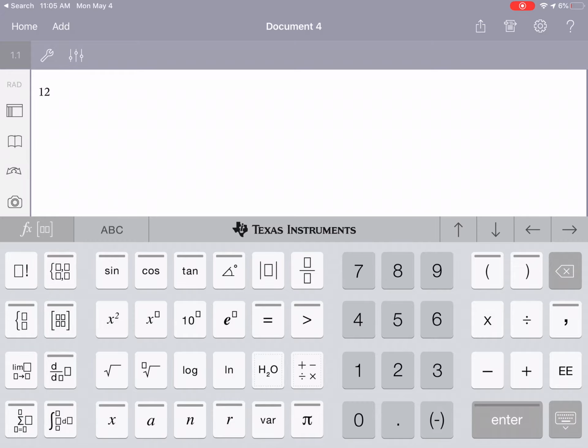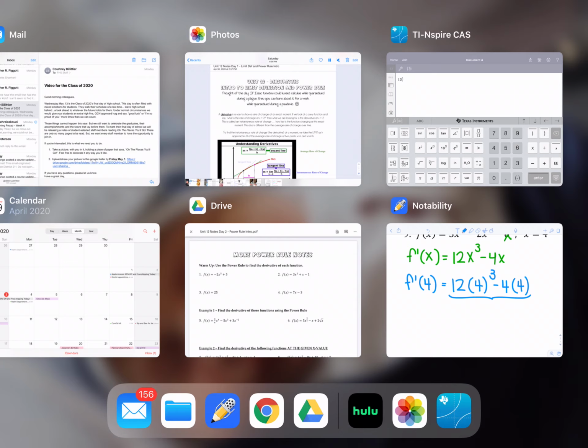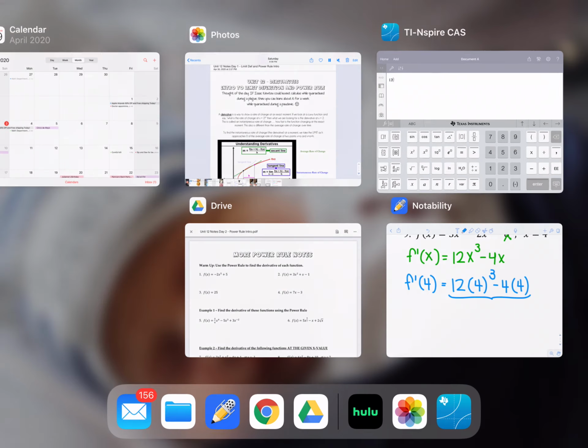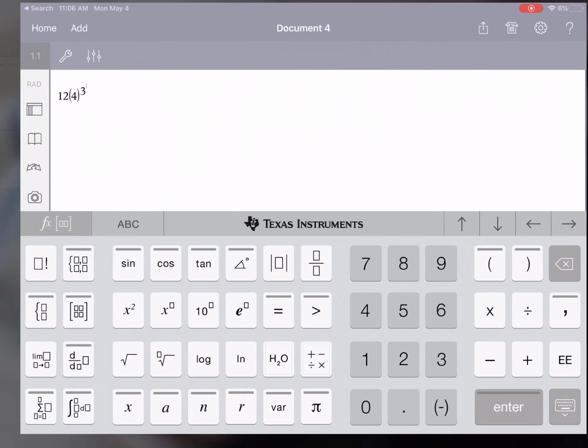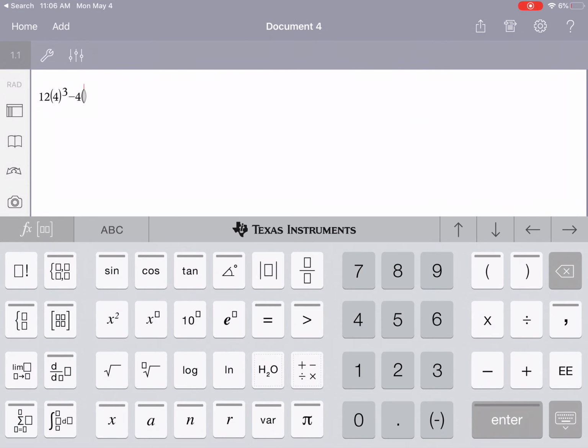So if I were you, I would literally just type in, what number was I supposed to plug in? 12, 4 cubed, so 4, raised to the power, there we go, cubed. And then it was minus 4 times 4. So this is what I would type into my calculator: 12 times 4 cubed minus 4 times 4.